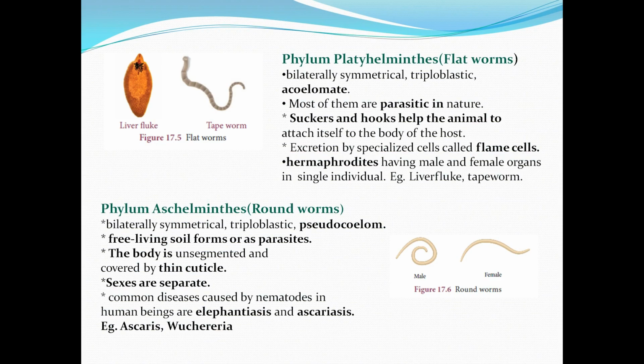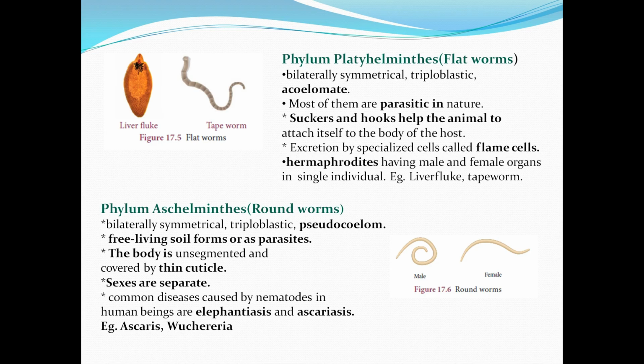Now we shall learn phylum Platyhelminthes, which comprises flatworms. Organisms of this phylum are bilaterally symmetrical, triploblastic and acoelomate. Triploblastic means they have three germ layers, namely ectoderm, mesoderm and endoderm. Acoelomate means there is no body cavity.